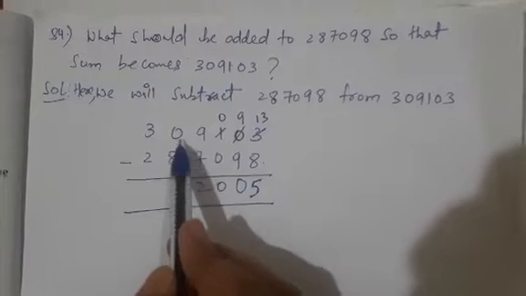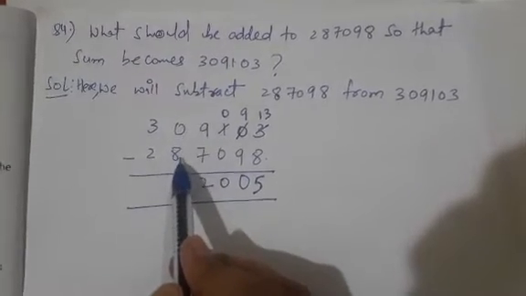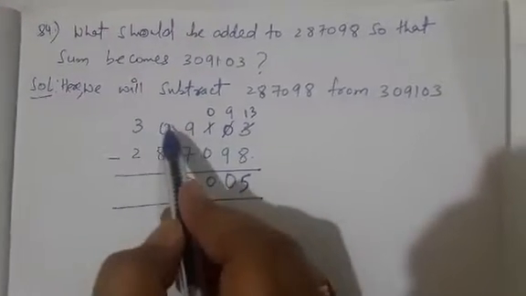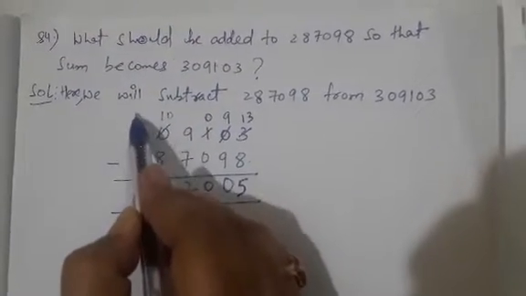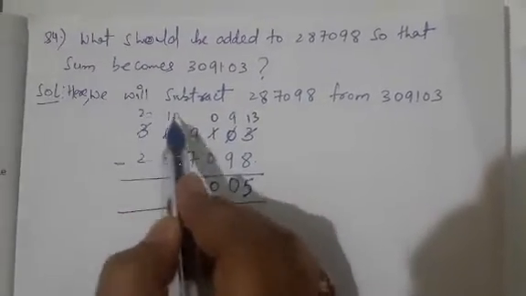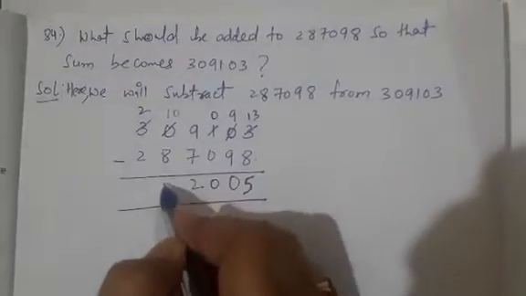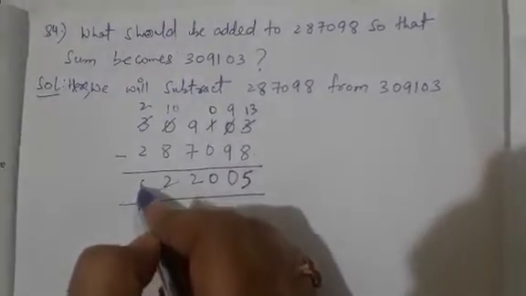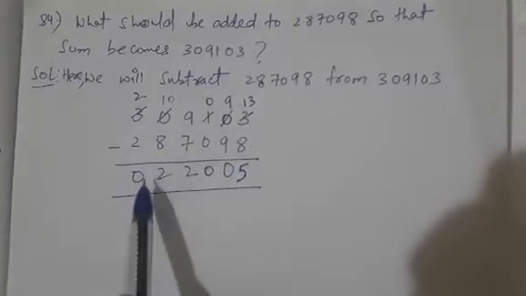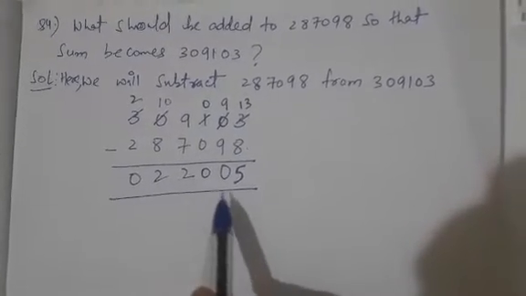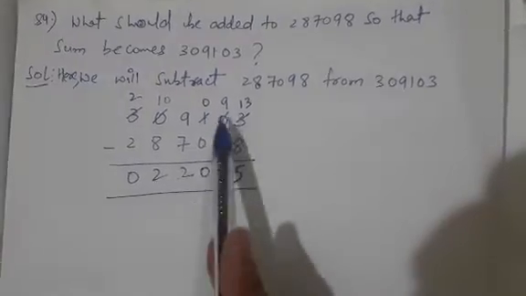And again we can't subtract 8 from 0. So we'll make it 10 by borrowing 1 from here. It will become 2. 10 minus 8 is equal to 2. 2 minus 2 is equal to 0. So this is the number which should be added. So the solution becomes this.